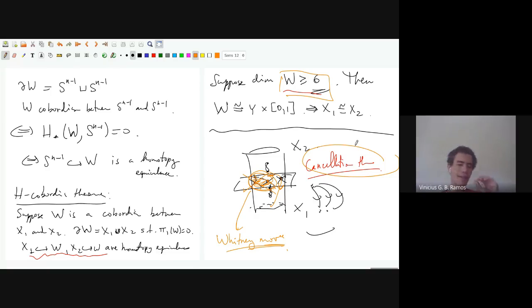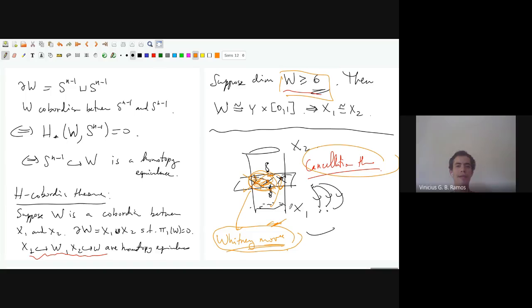There are a few other things, which is that these Whitney moves cannot be done with 1-handles and (n-1)-handles. So first you have to find ways to increase the number of handles in the middle and get rid of 1-handles and (n-1)-handles, and then you apply these Whitney moves. But the point is that you need dimensions sufficiently big to be able to do this procedure. You need some space to move things around.